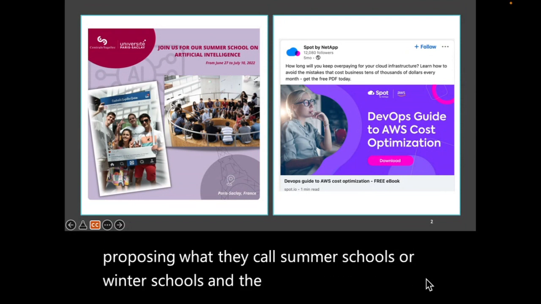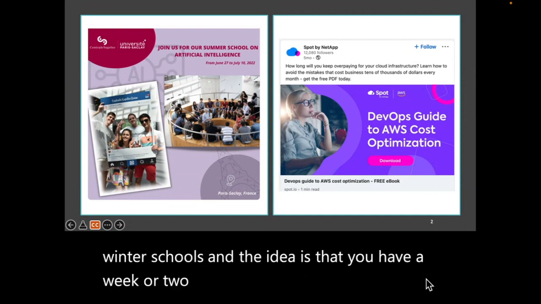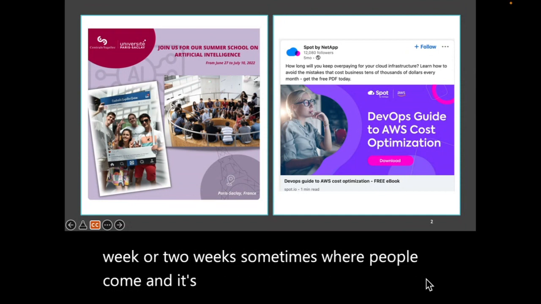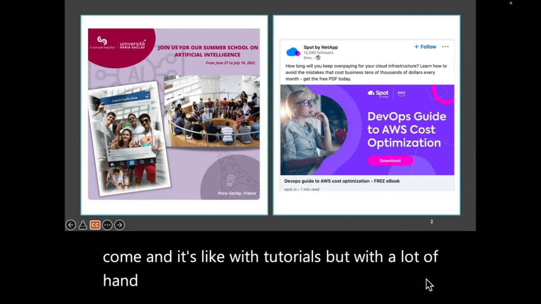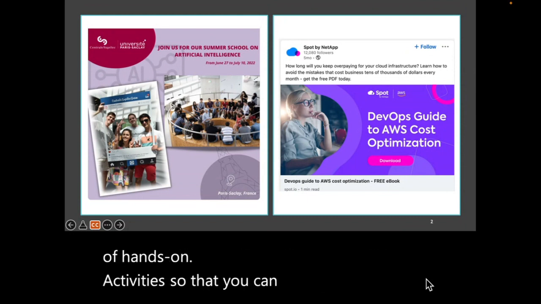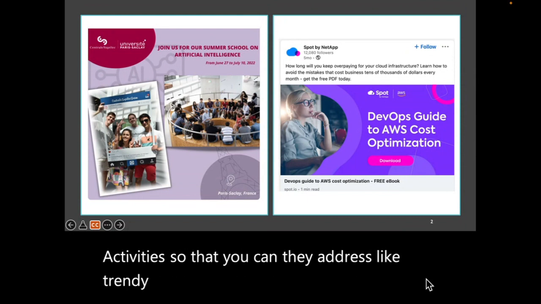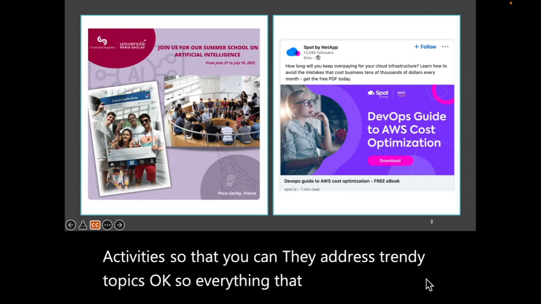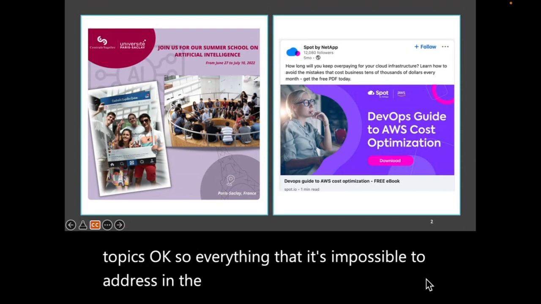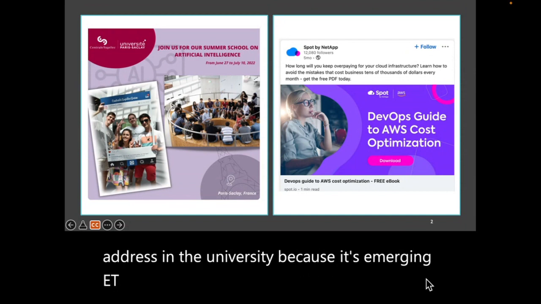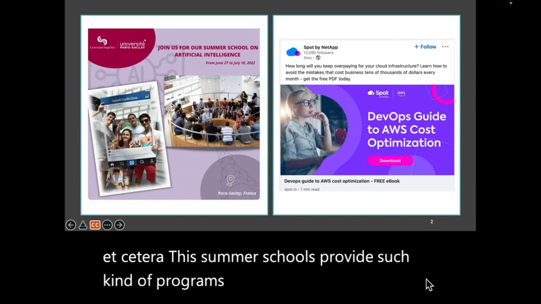You have a week or 2 weeks where people come, like tutorials but with a lot of hands-on activities, addressing trendy topics that are impossible to address in the university because they are emerging. These summer schools provide such programs, and you meet people.